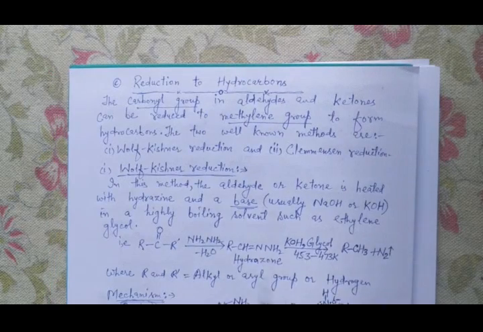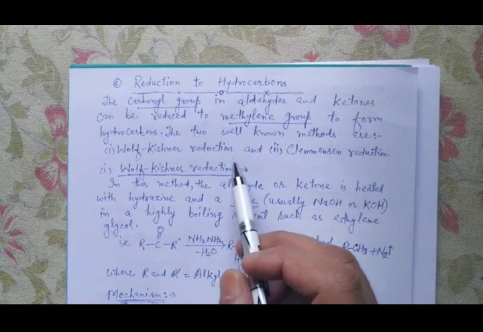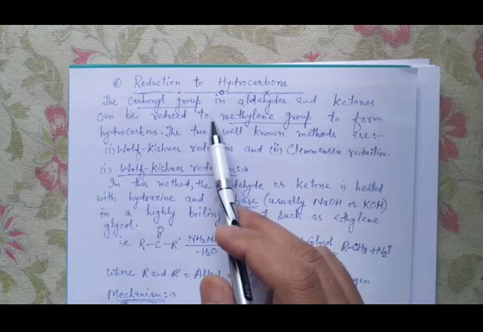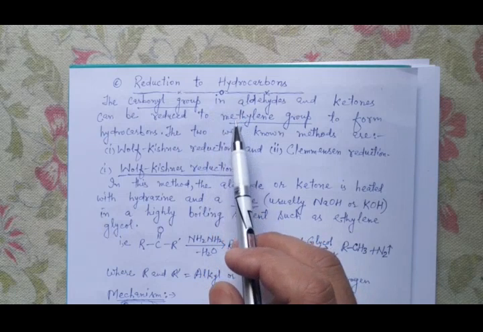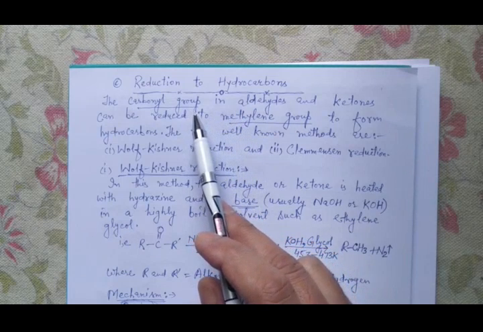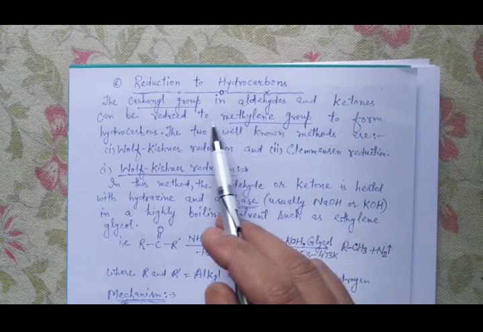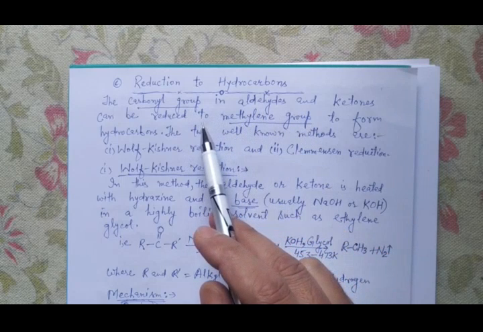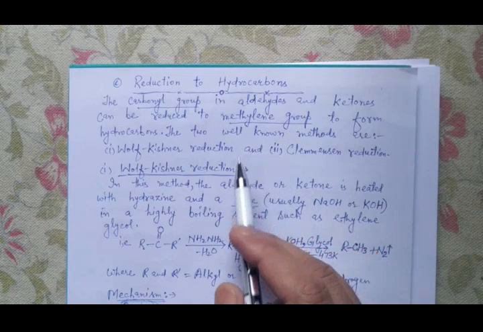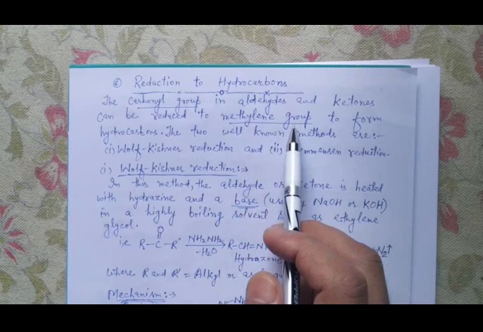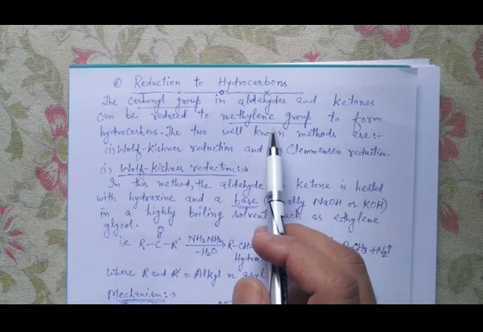Now in simple language, what happens? The carbonyl group in aldehydes and ketones gets reduced to a methylene group. Now what is that methylene group? Simply a CH2 group.